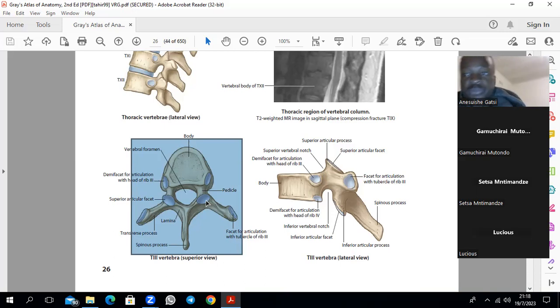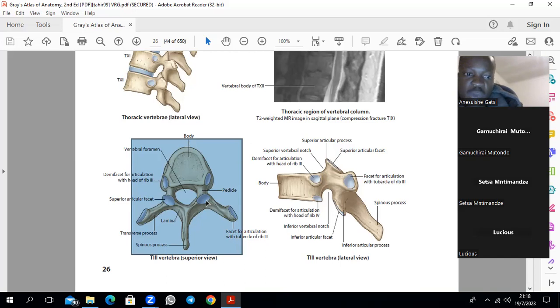So T1, then T9, T10, T11, T12. Those are what we call atypical thoracic vertebrae. All you need is to know what makes them different. If you know what makes them different, that means everything else is the same, so you don't need to go back and read about everything else. Right?